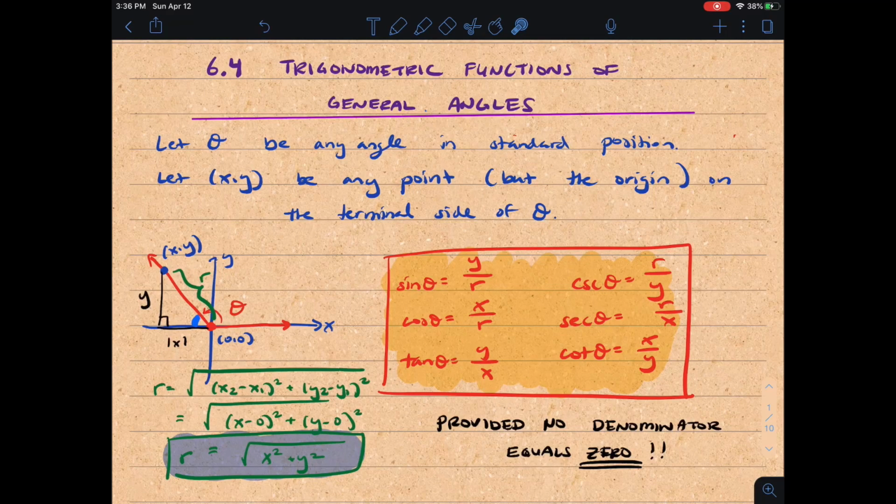But here we drop the absolute value because cosine can take on positive or negative values, right, depending on what quadrant you're in. Tangent of theta, instead, let's look at tangent of this angle here, and that would be opposite over adjacent, which would be y over x. Again, we're dropping the absolute values. Anyways, let's look at a couple of examples here using these definitions.